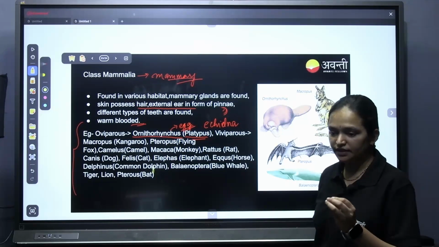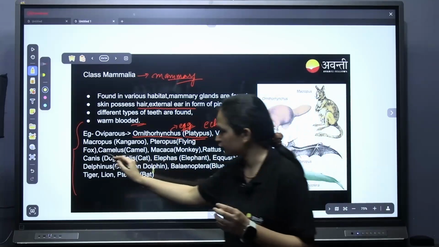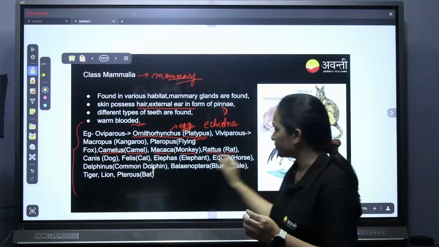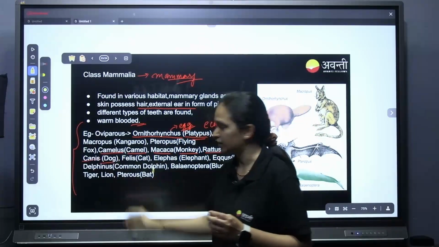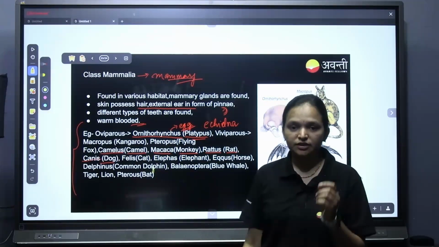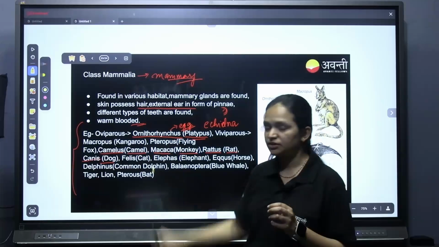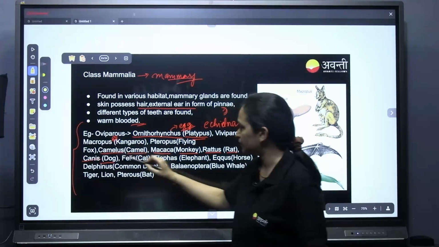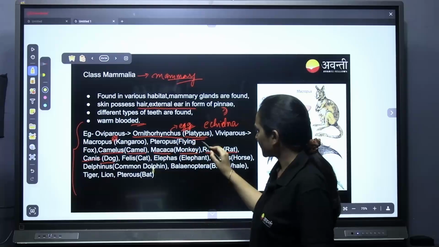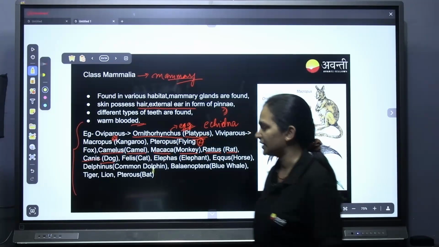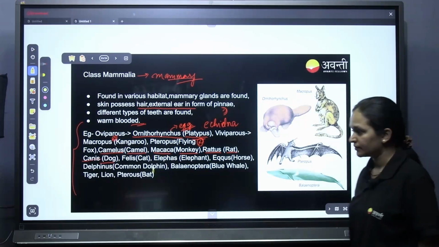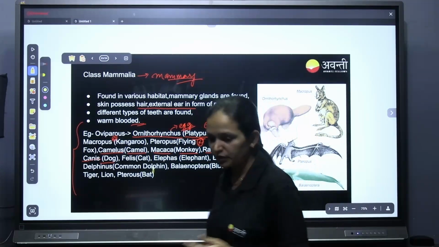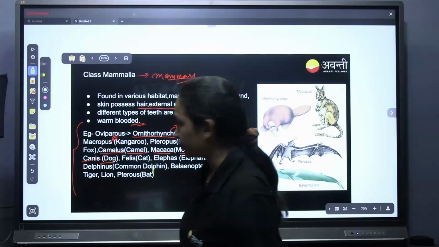So these are very common in spelling, right? So we can easily remember this. You don't have to remember much of it. Just once looking at it, you will remember, because this comes in match the following. Especially Macropus has already come in the PYQ and Pteropus has already come in the PYQ. Understood this much? So now we will be moving on to PYQs.